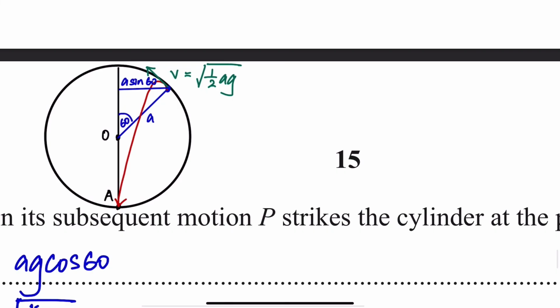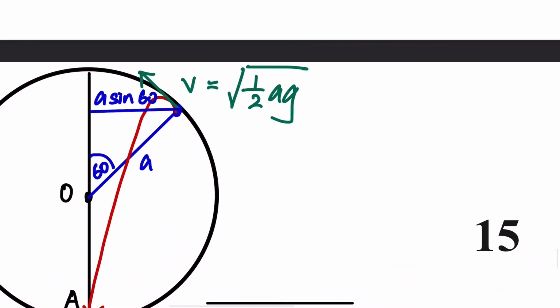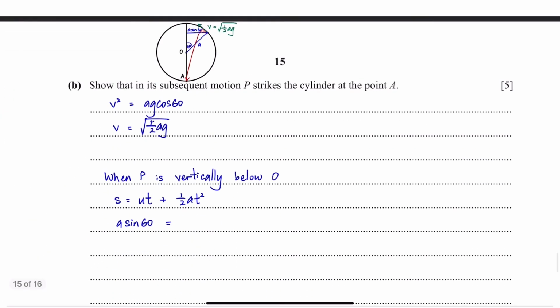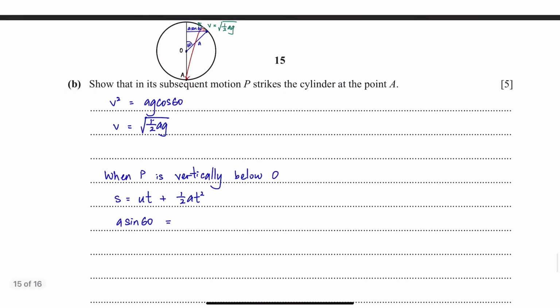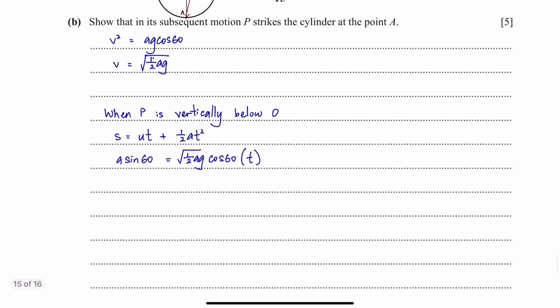This angle here is also 60. So V cos 60 would be the horizontal velocity, so root half AG cos 60 times T. And we don't have any horizontal acceleration, so we can just ignore this part over here.